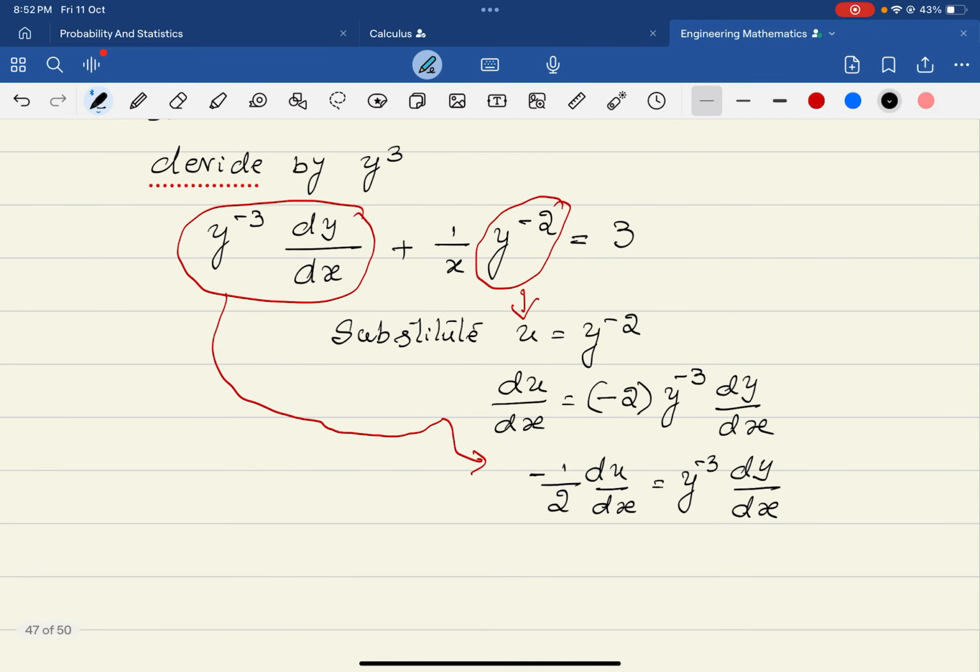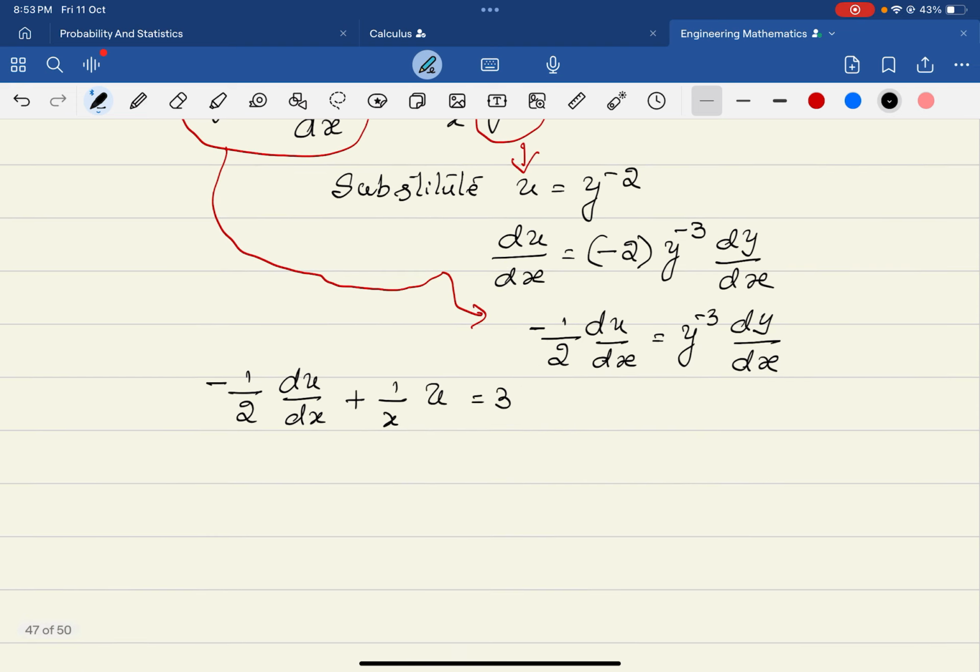So now let us go to the problem. We write this as minus 1 by 2 times du by dx plus 1 over x times u is equal to 3. So very clear that it has become now a linear differential equation. What is the standard form of linear differential equation?